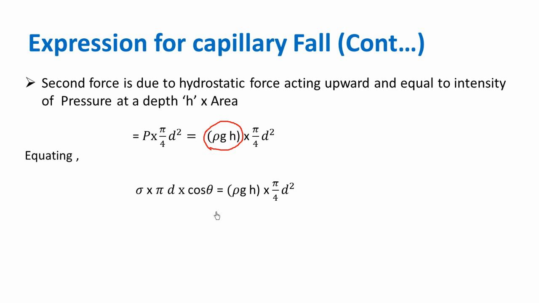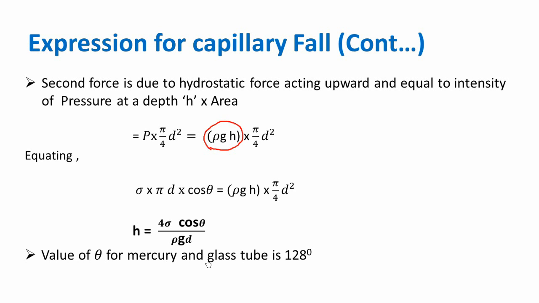After cancelling pi d, we get h equal to 4 sigma cos theta by rho g d. For mercury, theta is approximately equal to 128 degrees. After substituting, we get h for the capillary fall in mercury.